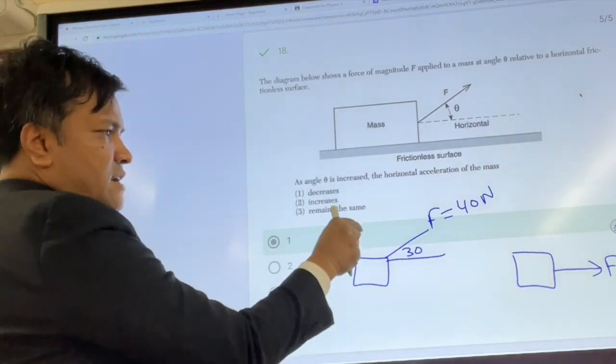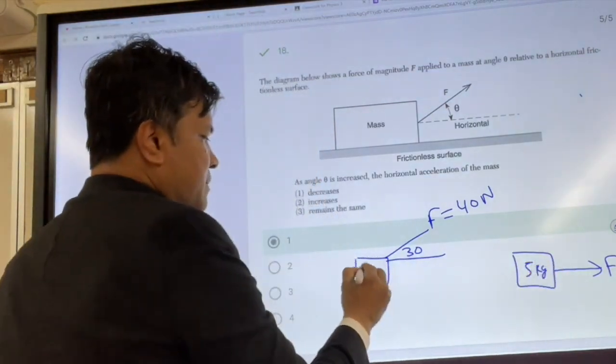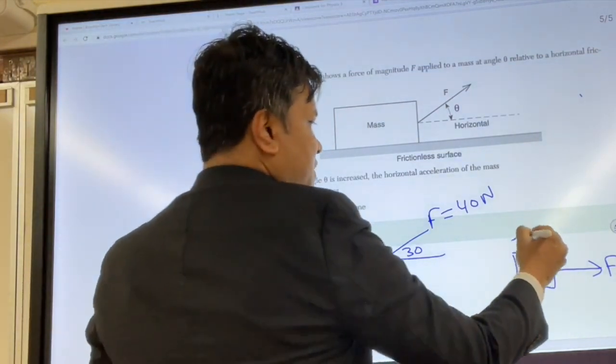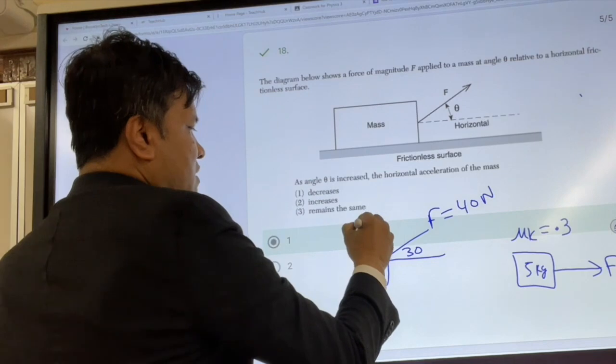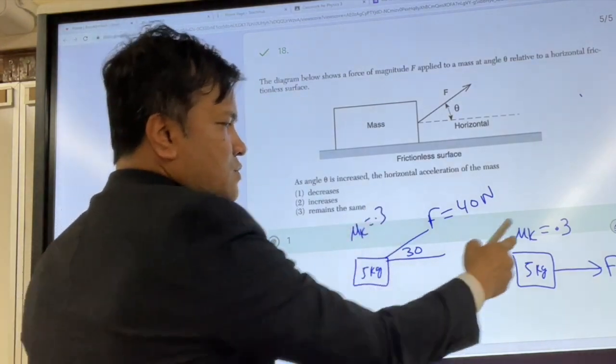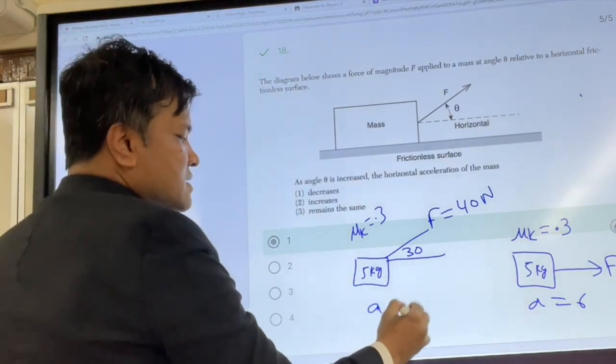If you increase the angle, and let's say this is 5 kilogram with mu k 2 or 3, I don't know, then this one's acceleration will be very close to 6, and this one's acceleration will be less than 6. Of course.